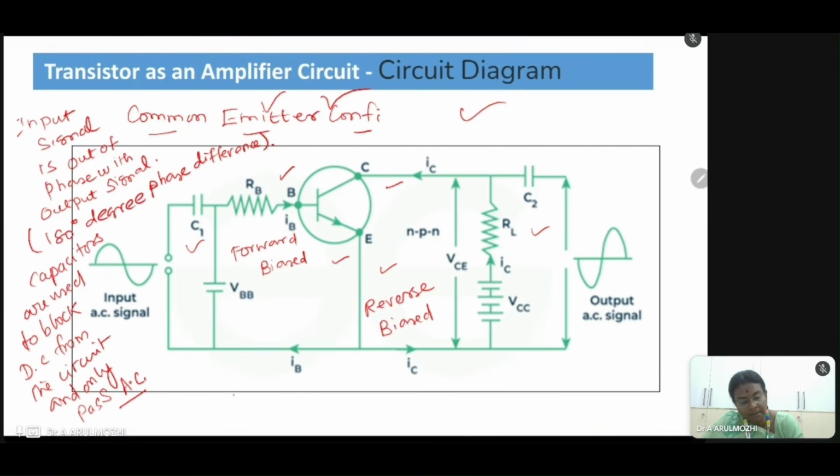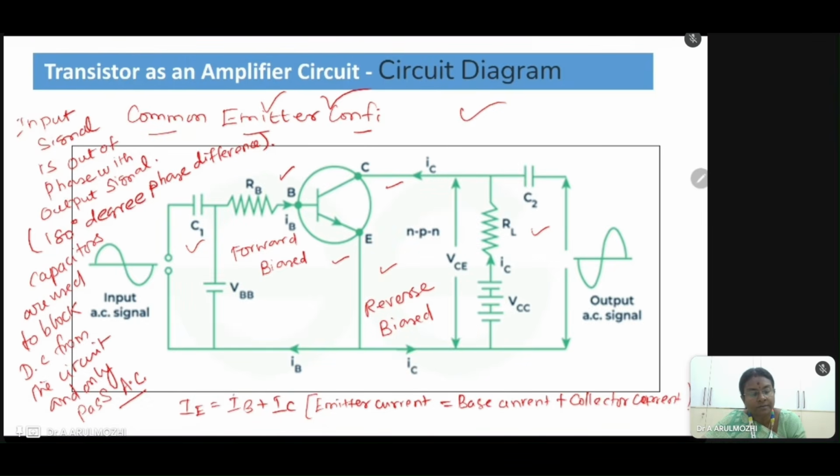And I'll write the current equation of a transistor. Here IE is equal to the sum of IB plus IC, where IE is the emitter current, IB is the base current, and IC is the collector current.